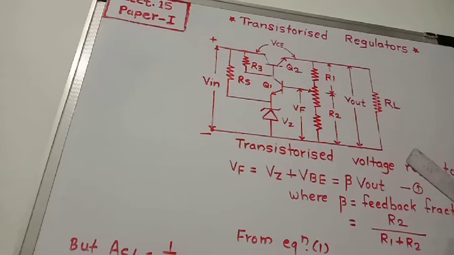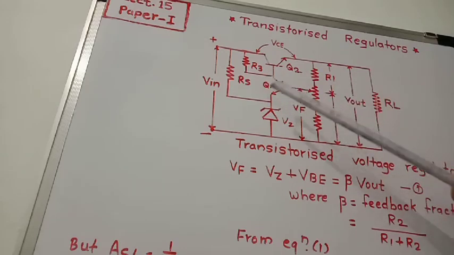Okay. Now suddenly if the input voltage decreases, then output voltage tries to decrease, then feedback voltage of transistor Q1 decreases, that is the base voltage of transistor Q1 decreases. This feedback voltage is applied to base of transistor Q1, therefore the base voltage of transistor Q1 decreases, therefore the collector voltage of Q1 increases.